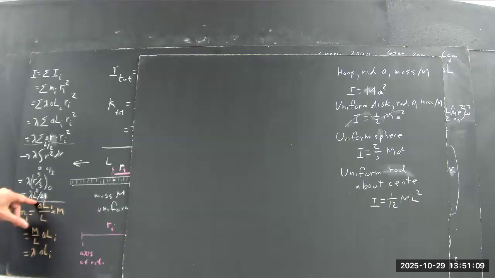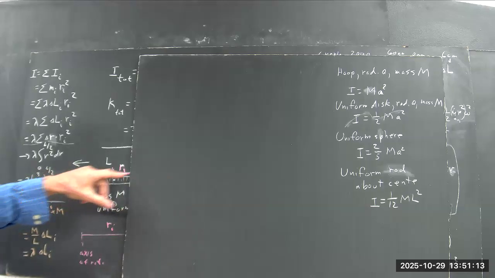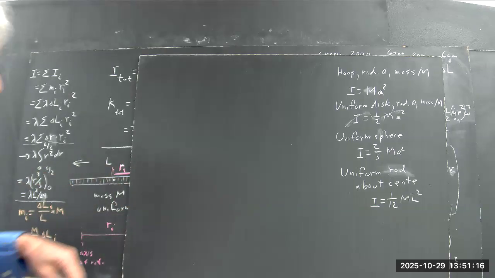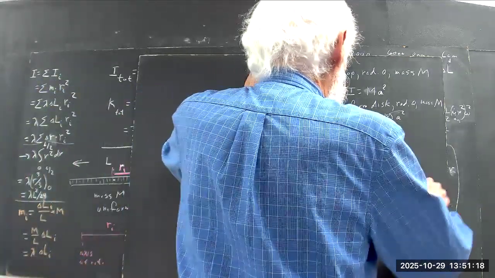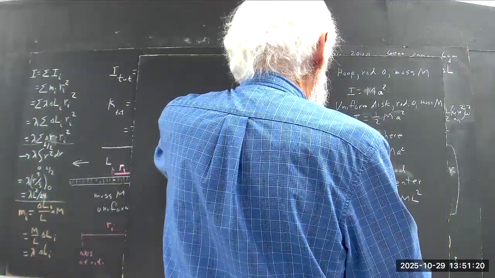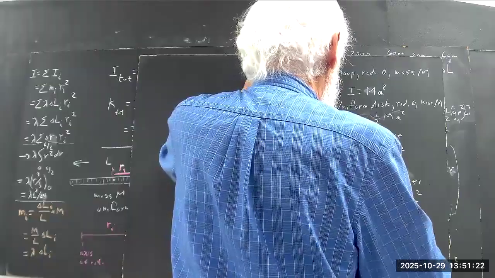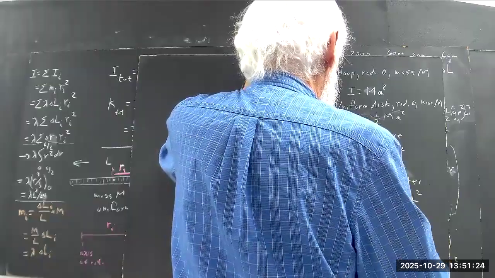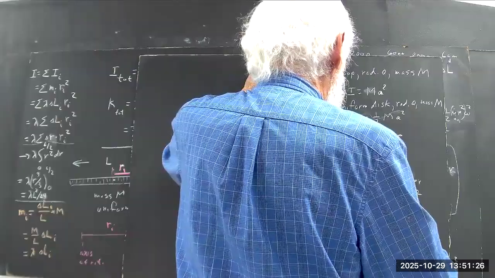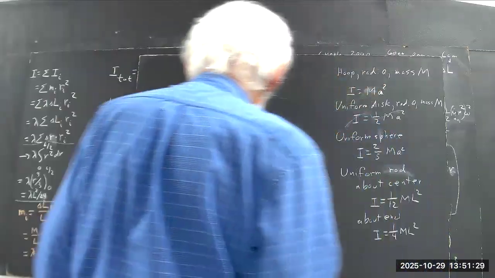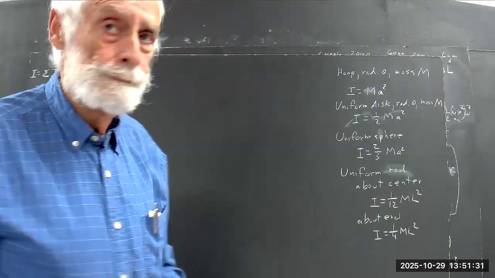Now that's what you get from this if you double it, because that would be the whole beam, this half and this half. About the end, I equals 1/4 M L squared.